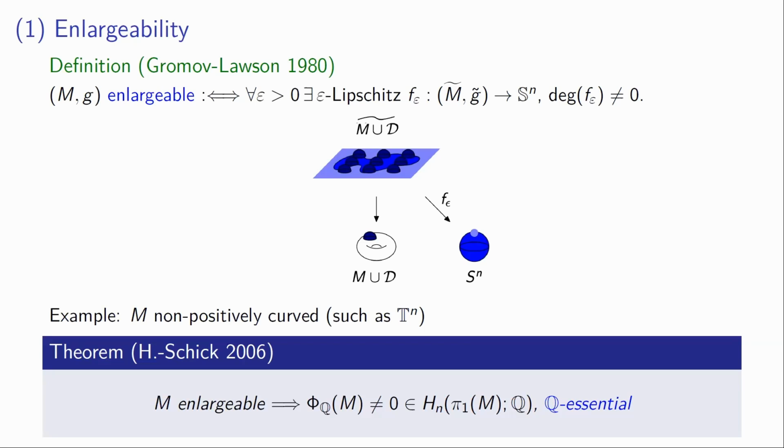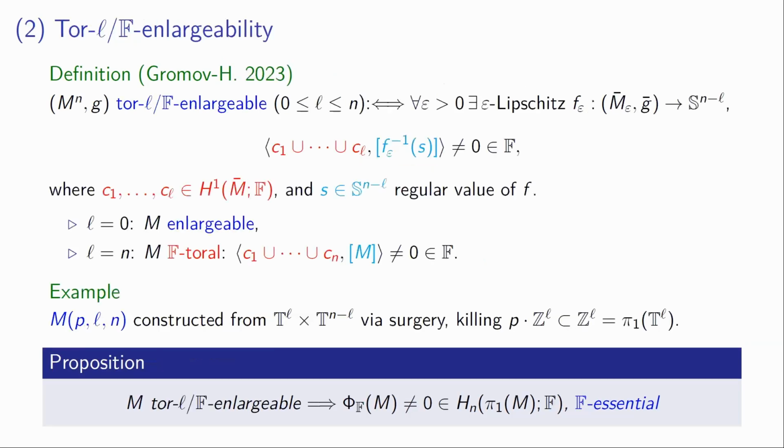Okay, good. But we have a certain variation of this notion, which combines the enlargeability property from the previous slide with something we might call torality. So this is the following property.